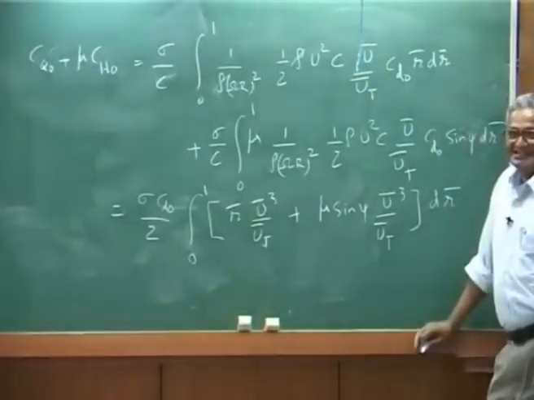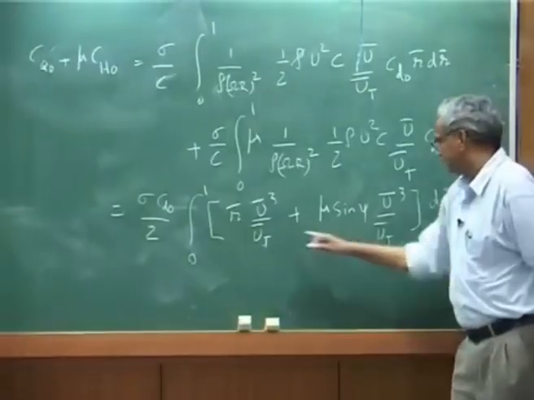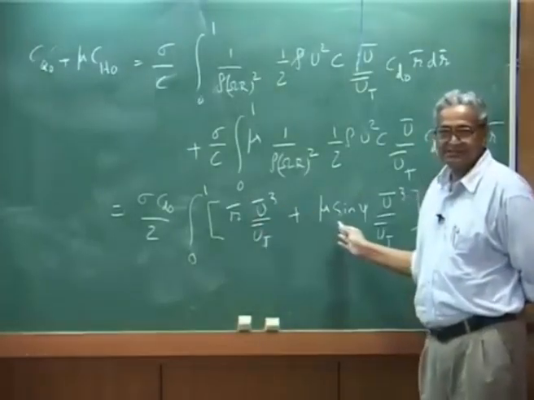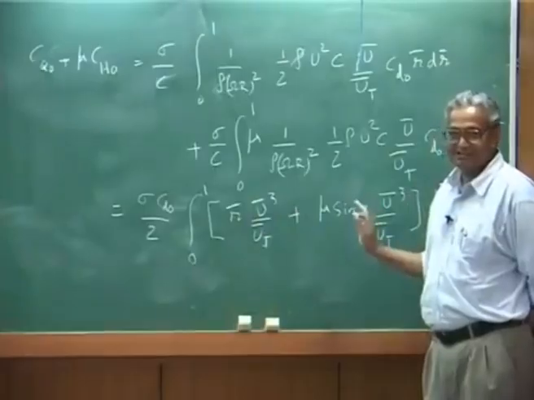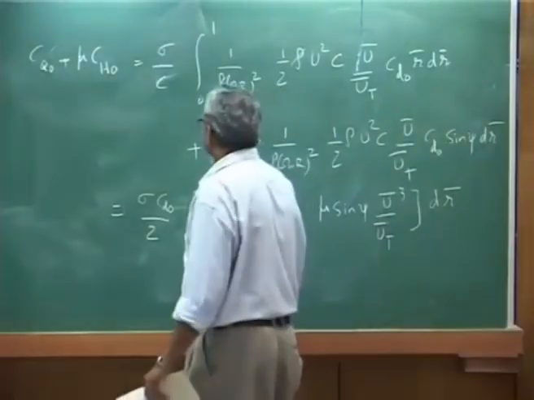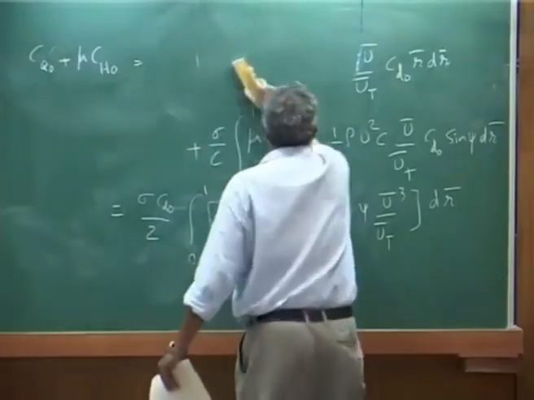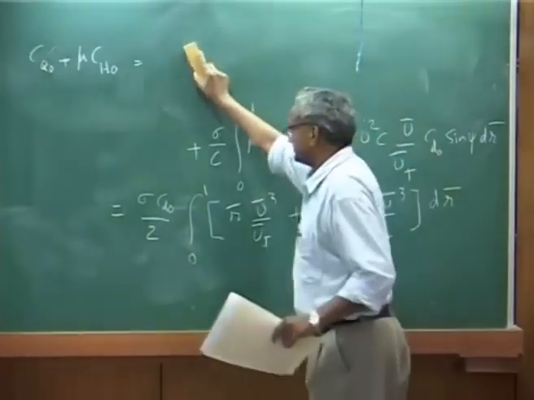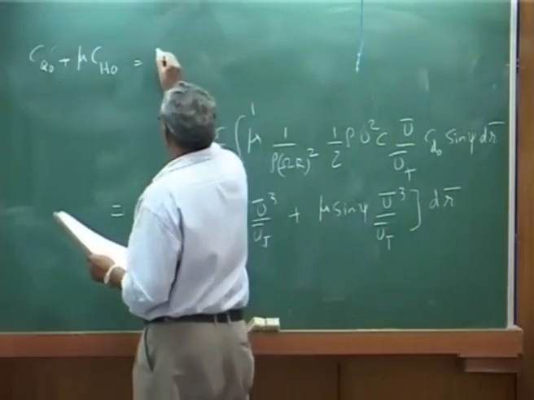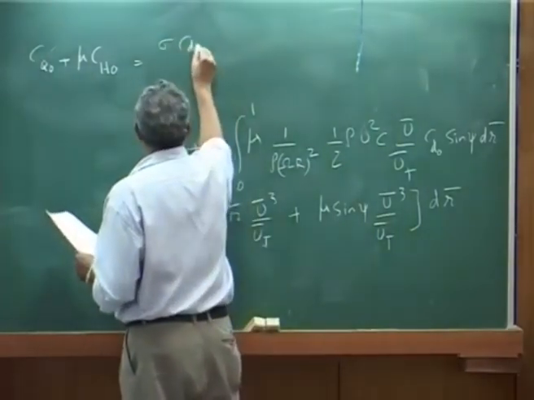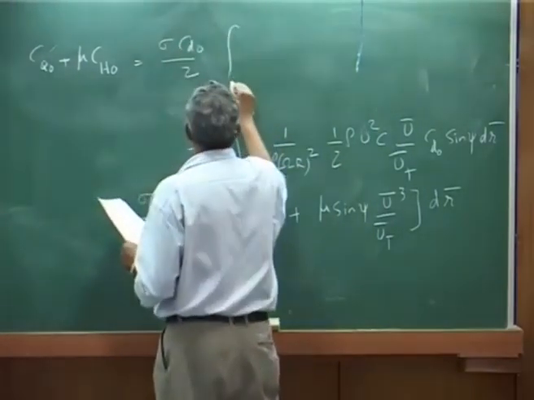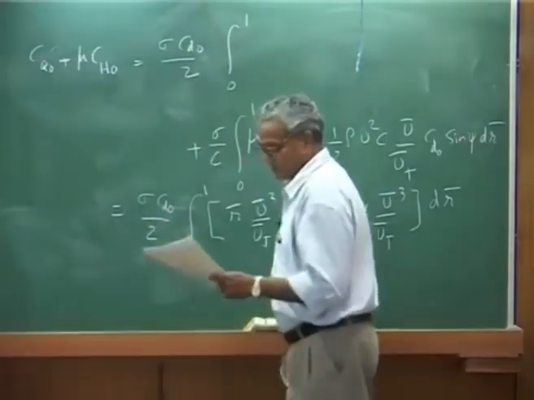All right. Now, you know that this is U bar cube only. So, this entire term will become, I erase completely here and write it as sigma C_d0 over 2, integral 0 to 1, U bar cube.